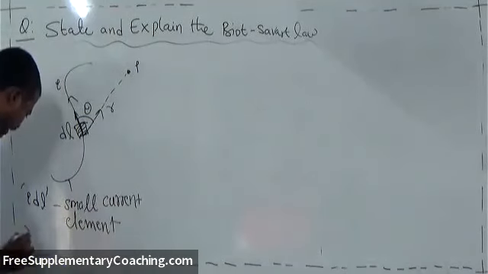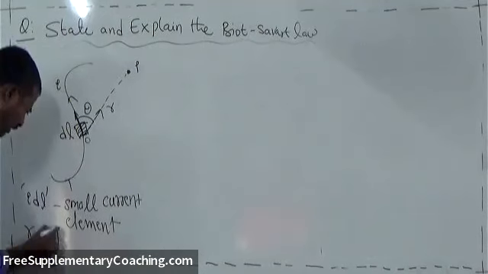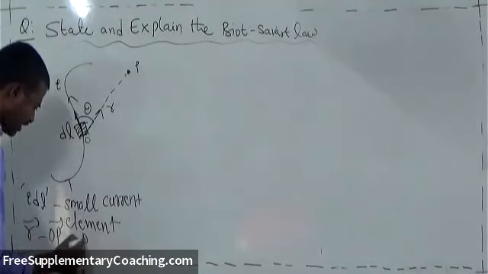Current element, and R, here I took O. So OP is the position vector.